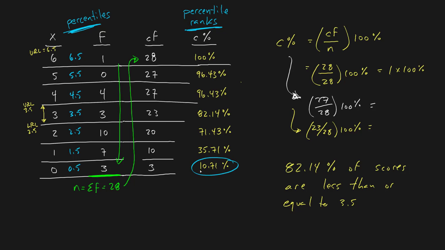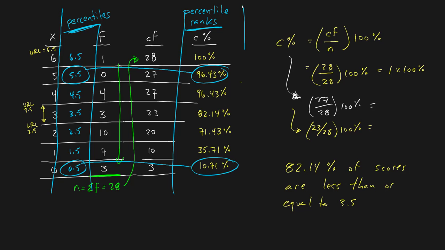So roughly 10% of people scored less than or equal to 0.5. 96.43% of people scored less than or equal to the upper real limit of 5, which is 5.5. So these are my percentiles, and these are my percentile ranks. So that's how this works. This is how you find percentiles and percentile ranks.